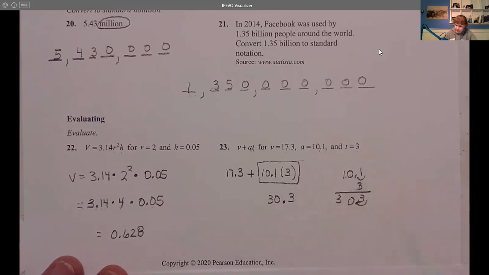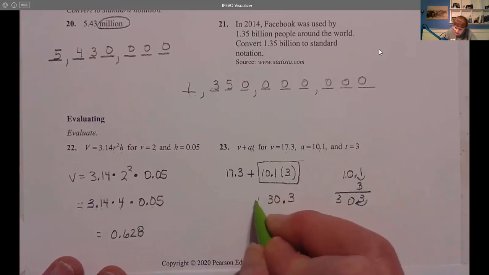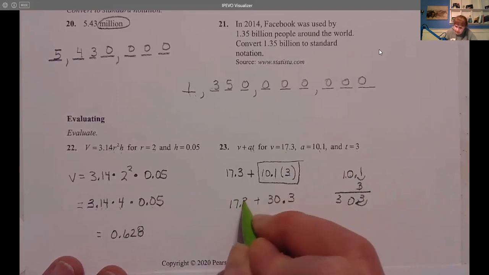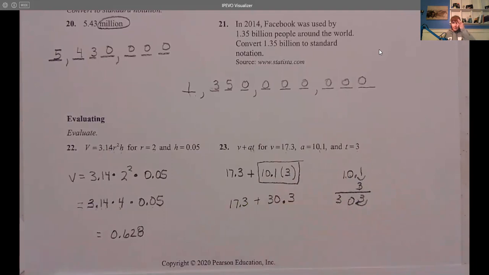Okay, 30.3 plus 17.3. If you were to add these together, make sure you add the tenths with the tenths, common denominators. And if you wanted to, going back to our one section, you could even line them up.